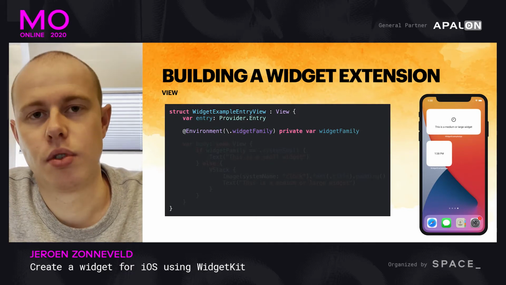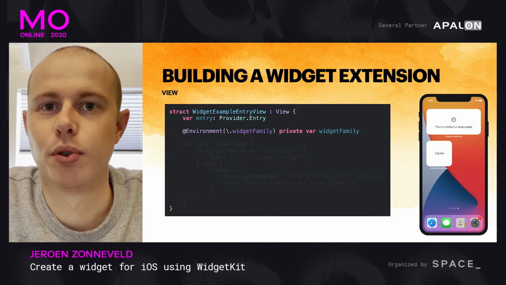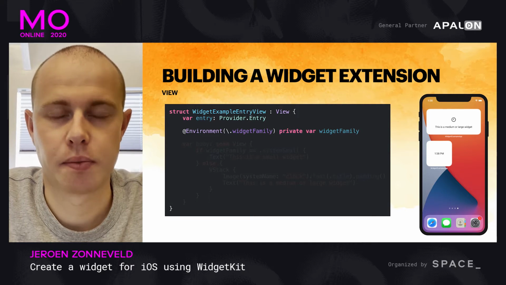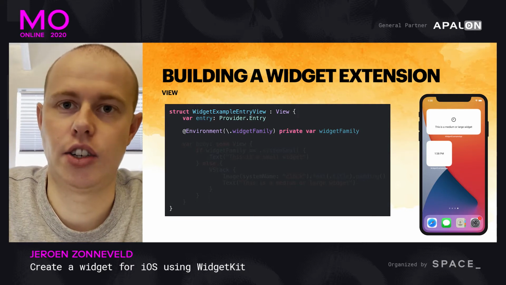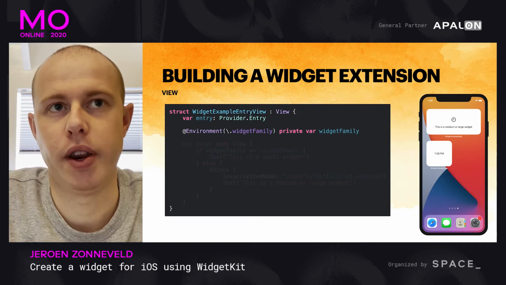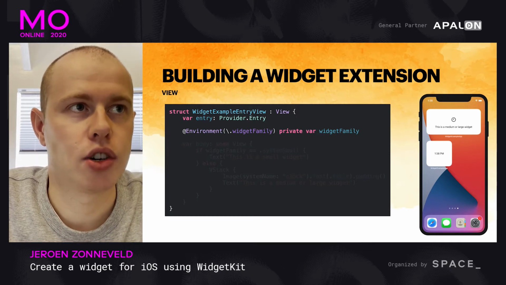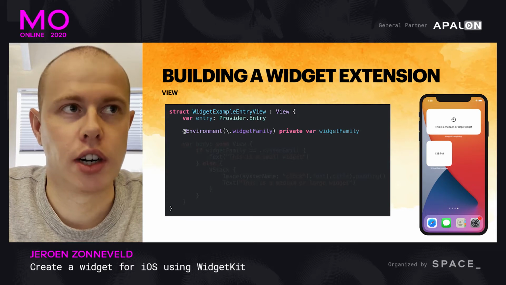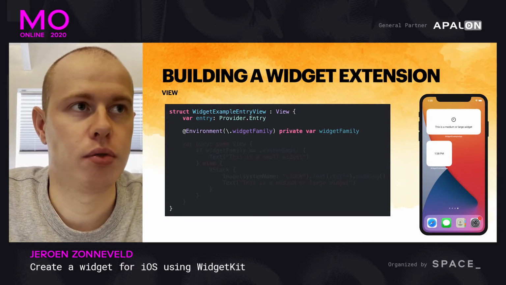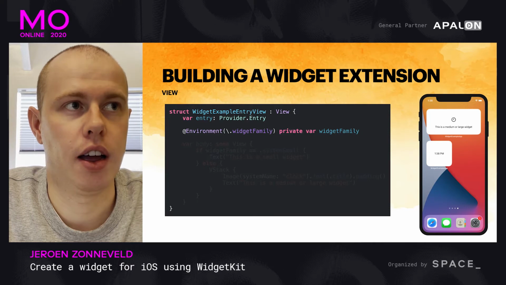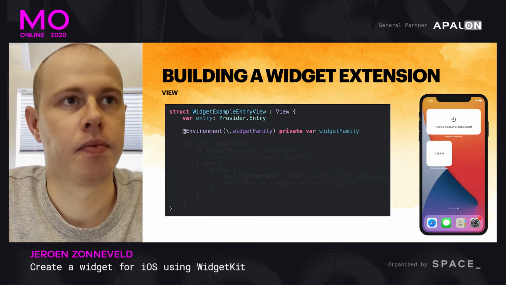You are able to create multiple different sizes of widgets. So as I said at the start of the presentation, you have small, medium and large. And to know which size of the widget you're currently viewing, you have to check the widget family environment variable.